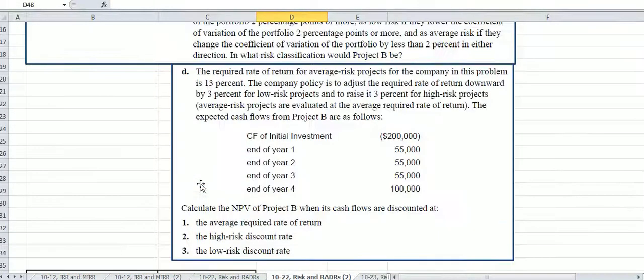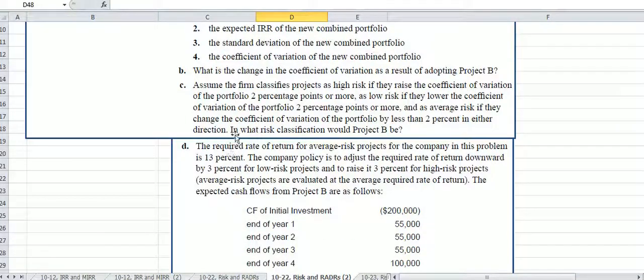Now let's go back and look at the next part, C. Assume that the firm classifies projects as high risk if they raise the coefficient of variation of the portfolio 2 percentage points or more, low risk if they lower the coefficient of variation 2 percentage points or more, and average if the change is less than 2% in either direction.